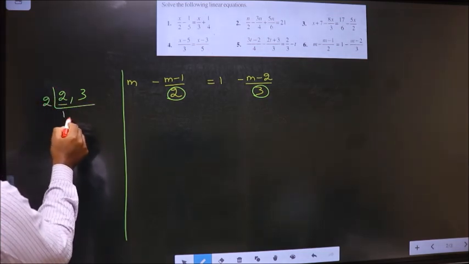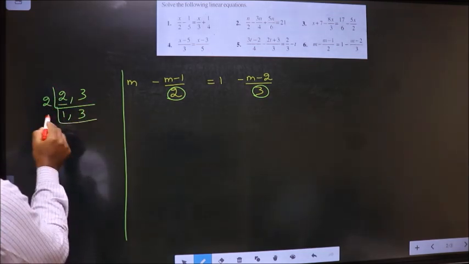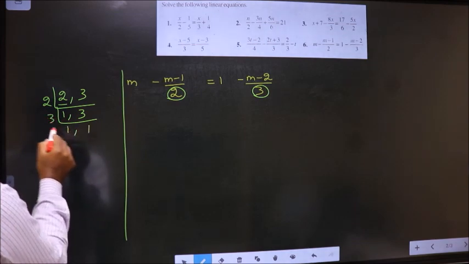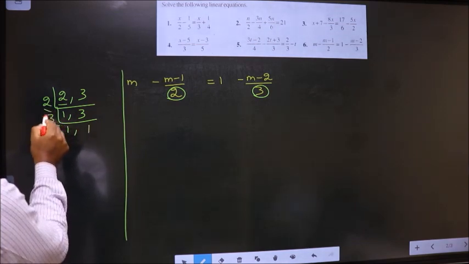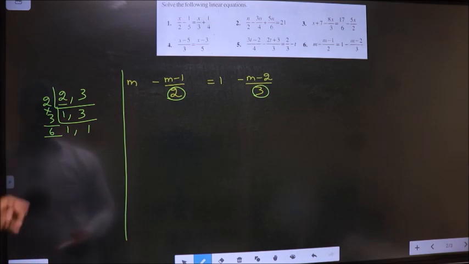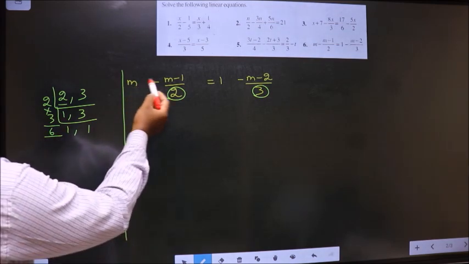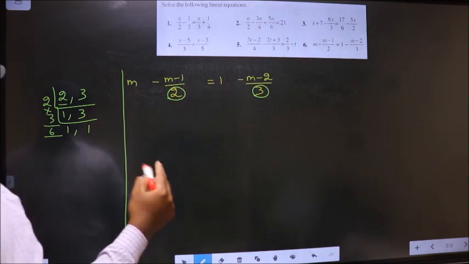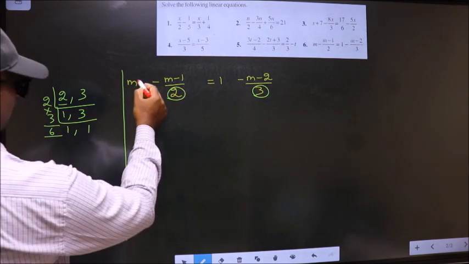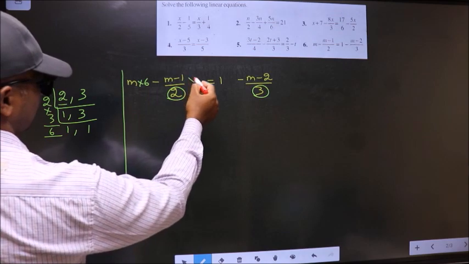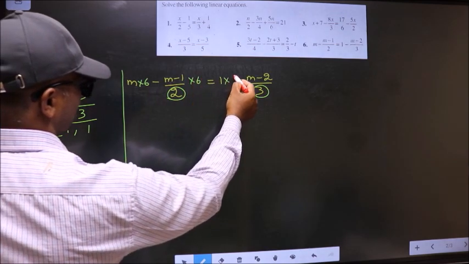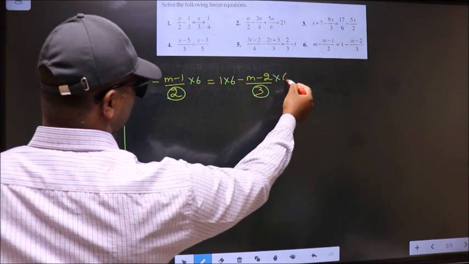2 ones 2, now 3. Now take 3 1 1. So our LCM is 2 into 3, 6. Whatever LCM we got, we should multiply it to each term. What I mean is, you do into 6, into 6, into 6, into 6.